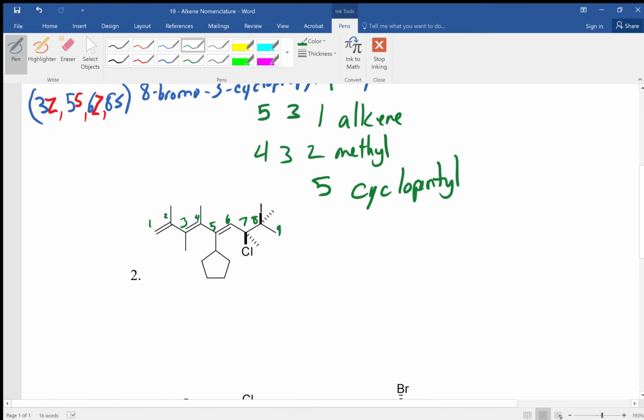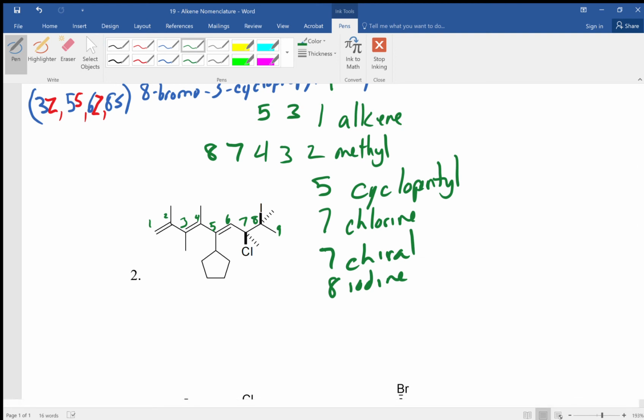Nothing at 6. 7 has a chlorine. 7 also has a methyl. And 7 is chiral. Carbon 8 has an iodine. And carbon 8 has a methyl. Is carbon 8 chiral? The answer is no, because 2 of our substituents here are methyl groups.